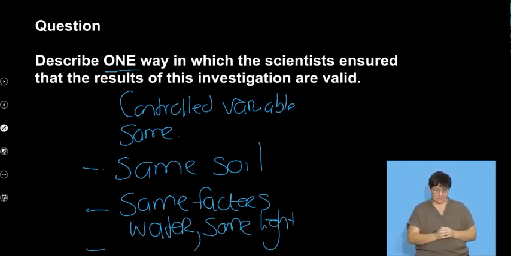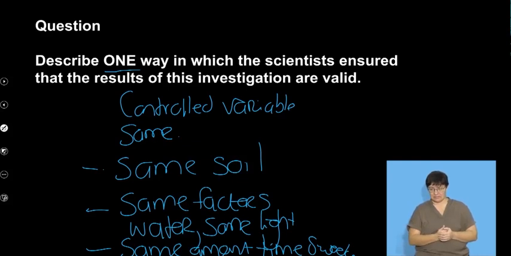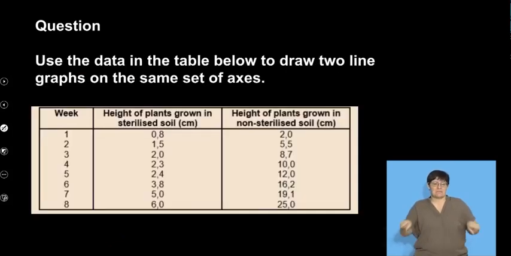And I kept them all for the same amount of time, which was 8 weeks. So when I find a way that I can make sure the results are valid, that's my controlled variable. What did I do to the same groups?